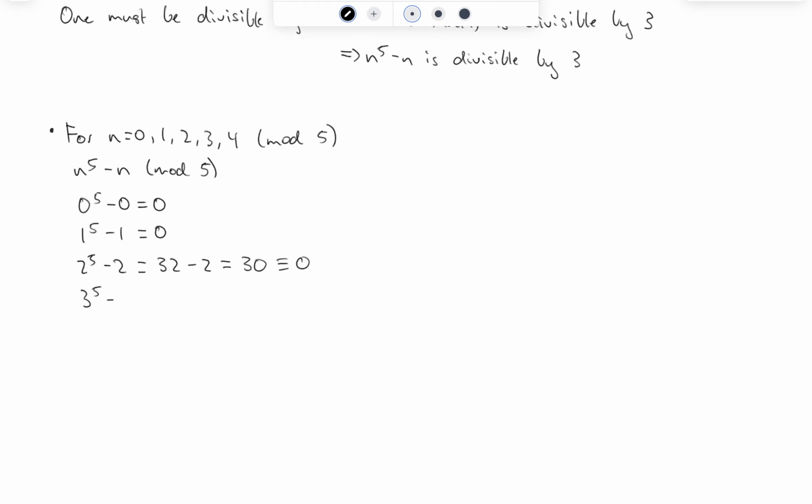3 to the 5 minus 3 equals 243 minus 3, which equals 240. Again, congruent to 0 in mod 5. And finally, for the last case, making the substitution of 4 into the expression, we get 4 to the 5 minus 4 equals 1024 minus 4, which equals 1020, congruent to 0 in mod 5, right?